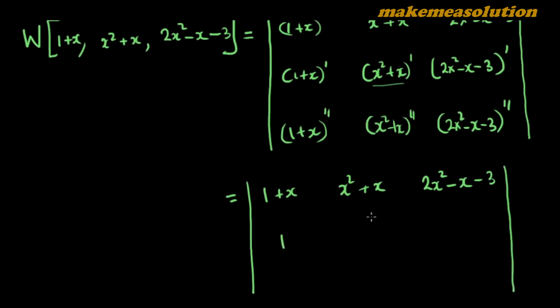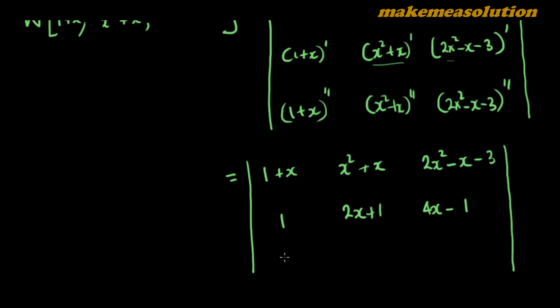When you differentiate this term, you get 2x plus 1, and when you differentiate this, you get 4x minus 1. When you differentiate the first one twice, of course, you get 0. Differentiating this twice is like differentiating this, and you get a 2. And differentiating this one twice gives you a 4. So this is the Wronskian of 1 plus x, x squared plus x, and finally 2x squared minus x minus 3.